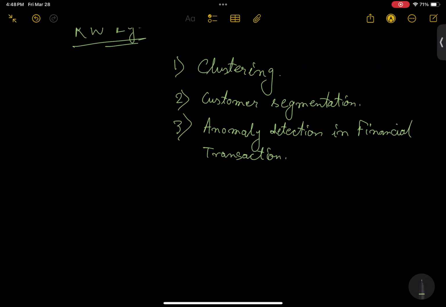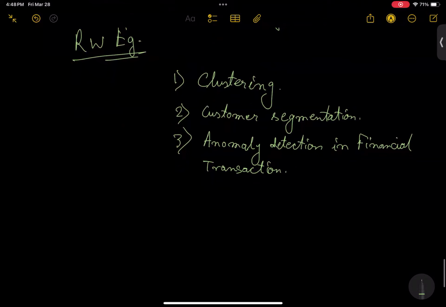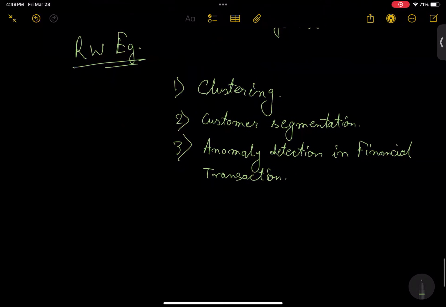Hence, I'm flagging this transaction and giving you the alert. It is not a generic case like an if-then-else rule. It has more meaning to that.